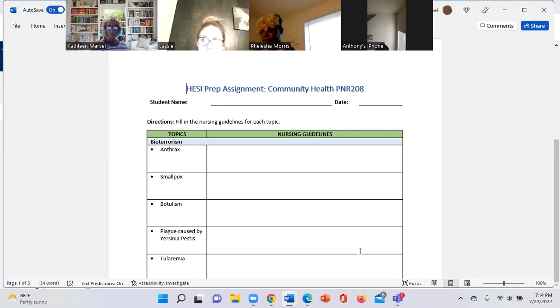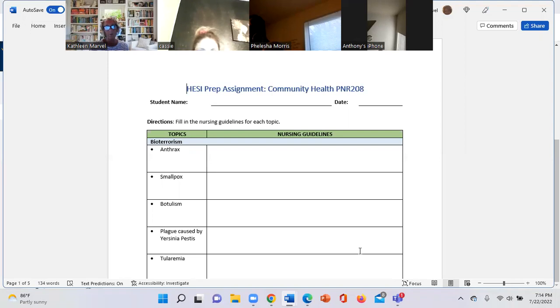Okay, these are all topics that after reviewing previous PN HESIs, these are the topics that come up. So you need to be going through these every week or every couple of weeks if you want to stay ahead of studying for your HESI. And like I told the other groups this week, even if you want to put in the box to the right what chapter it was in, what week we discussed it in, just so you have a little bit of an idea of when that was covered.